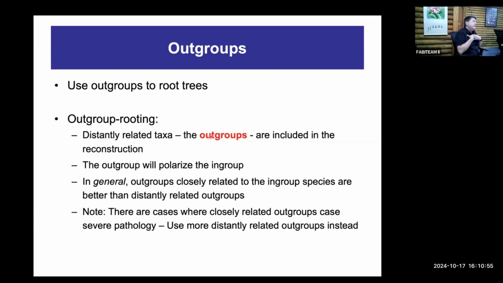I would typically take more than one outgroup, so many outgroup taxa, and then see what the effect is on the tree. Sometimes when you use an outgroup that's too closely related, that outgroup will attract sequences in your in-group, especially if there are long branches.